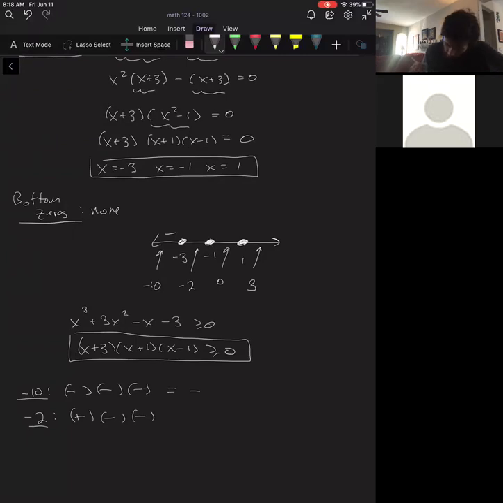I don't think that should be the case. Oh, sorry, we're okay. This is equal to positive. 2 negatives is a positive, and then positive and positive makes a positive. All right, and the next one was 0. We will have a positive and a negative, so that gives us a negative. And then the last one, plugging in 3, everything's positive.